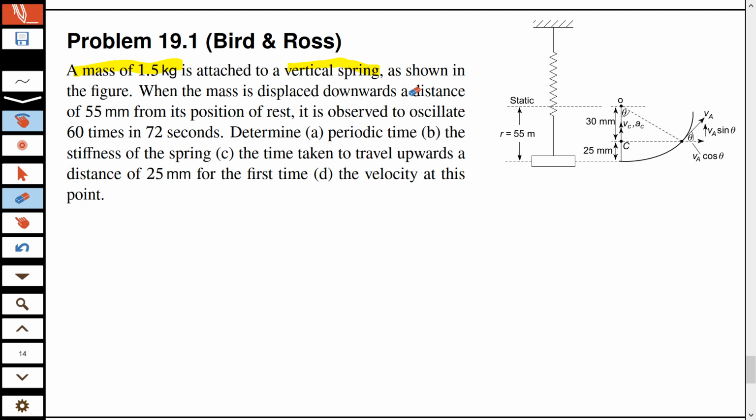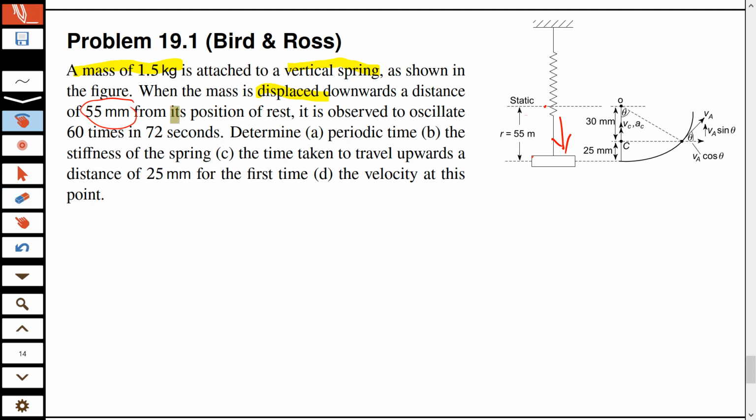When the mass is displaced downwards, it displaced downwards हो रहा है, ठीक है, a distance of 55 millimeter. So ये इतना डिस्टेंस इसने डिस्प्लेस किया हुआ है, और ये स्टैटिक है, ठीक है, ये वही पोजीशन है जो मैंने बताया था जिस पे बैलेंस इनिशियली बैलेंस्ड होता है. So you have this initial displacement 55 millimeter from its position of rest.